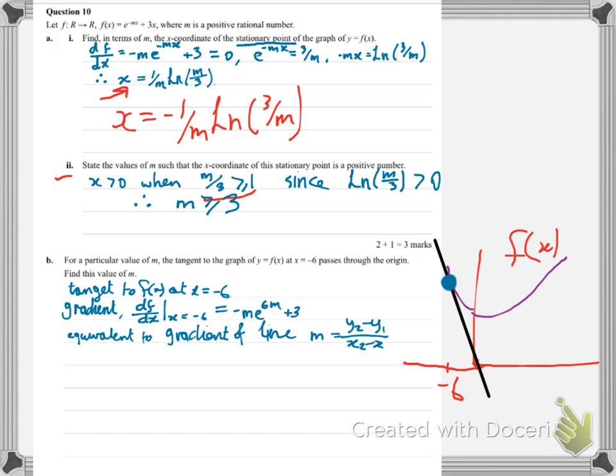If we take these two expressions for the gradient of the tangent and equate them, put them together at a particular x value, like x equals negative 6, with the corresponding y value f of negative 6, giving this coordinate in terms of m, and the other point is the origin, so that's our x1 and y1.